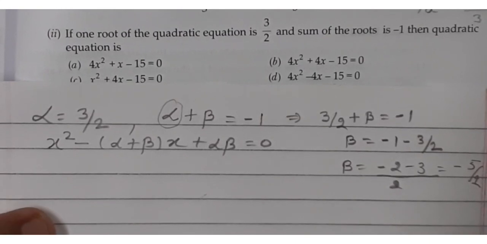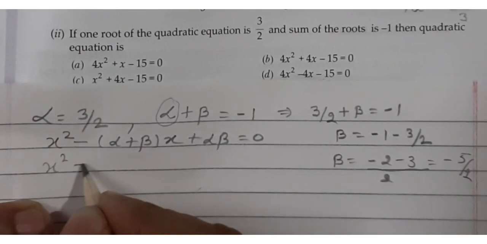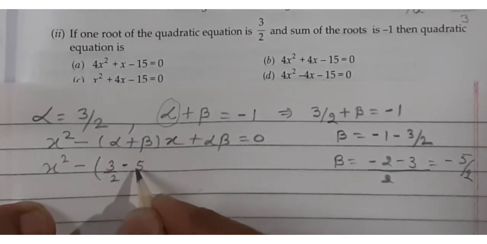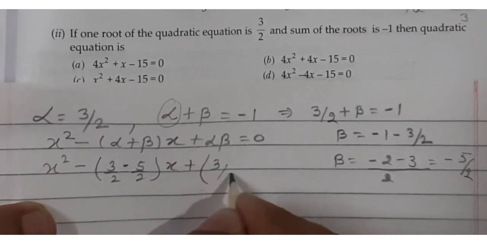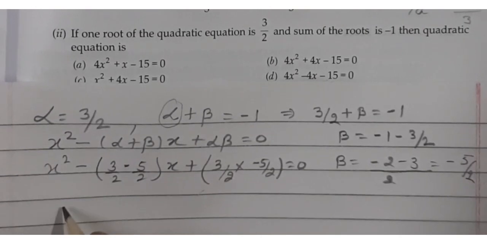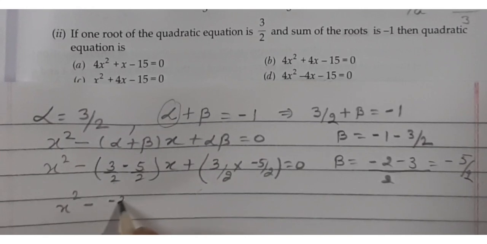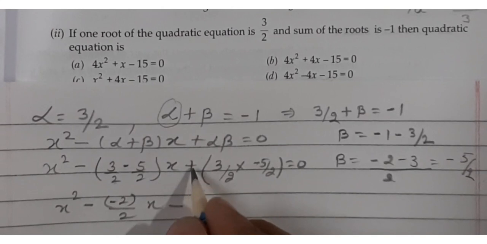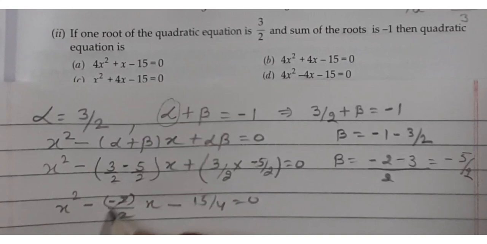Now put the values of alpha and beta here. X square minus (alpha is 3 by 2, beta is minus 5 by 2) x plus alpha beta, 3 by 2 into minus 5 by 2, equal to 0. So 2 is the LCM, 3 minus 5 is minus 2 upon 2, and plus into minus is minus, 5 3s are 15 upon 4 equal to 0.